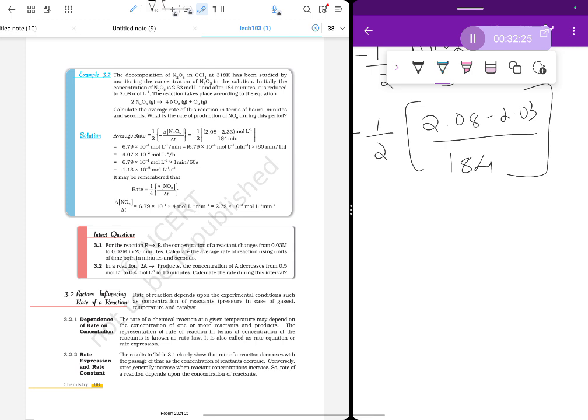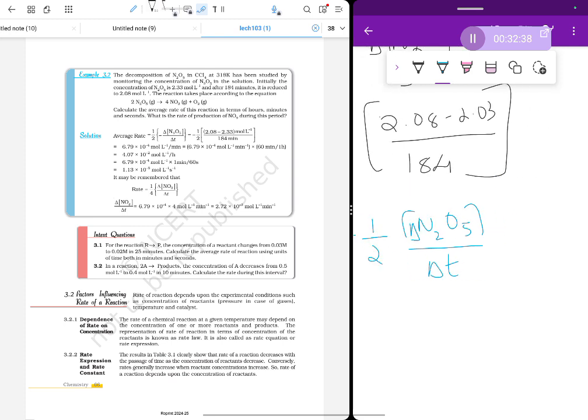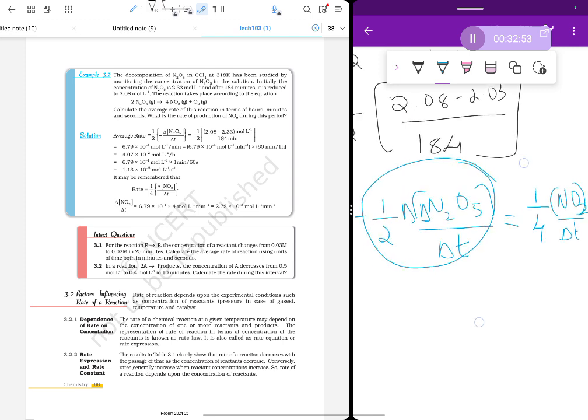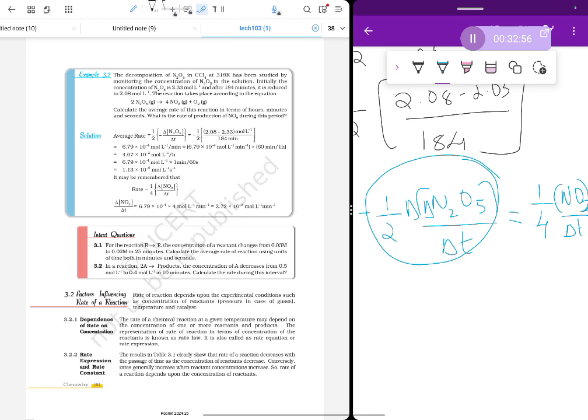See, here I am again saying that minus 1 by 2 into delta N2O5 divided by delta T will be equal to, according to NO2, 1 by 4 into delta NO2 divided by delta T. We already found this quantity, we already know this much. How much is it? 6.79 into 10 to the power minus 4 it is coming.